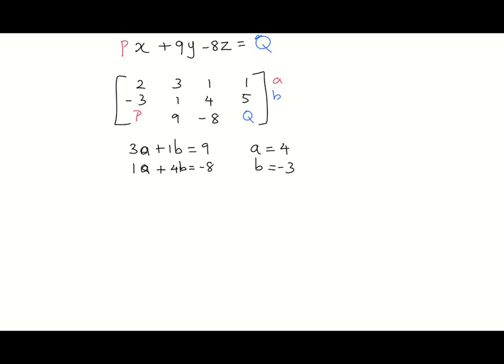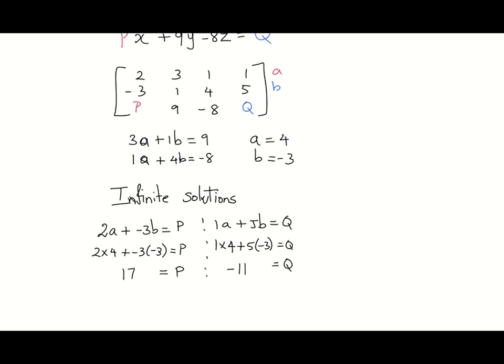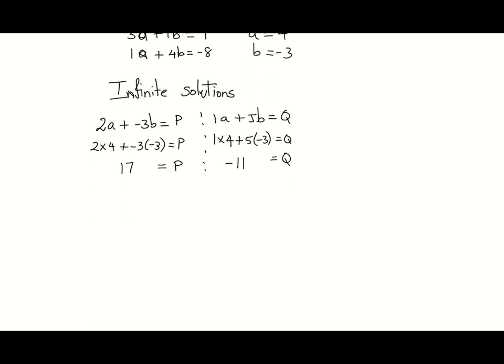Now here's the magic part. Once you've got P and Q, did you get P and Q? Okay, so P and Q is solved. Remember I asked you for two things that could happen. If q equals negative 11, then you're going to get infinite solutions, because equation 1 times 4 minus equation 2 times 3 equals equation 3.